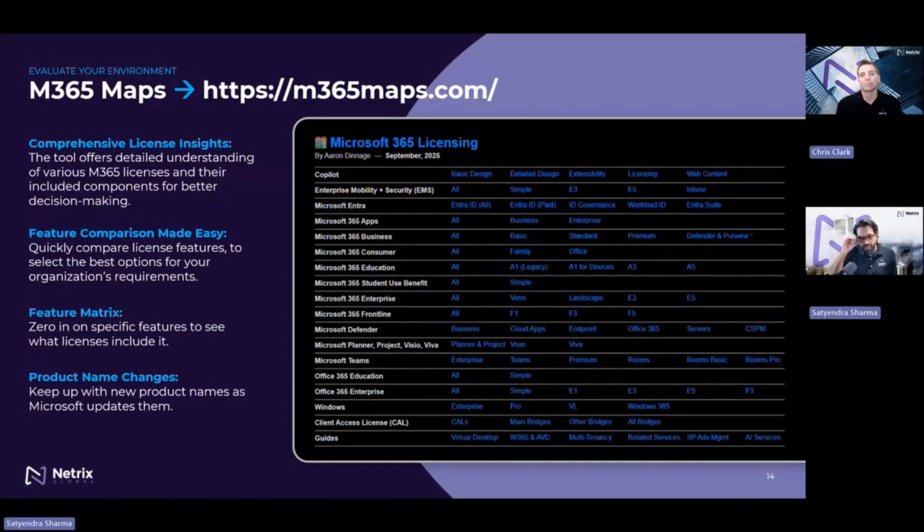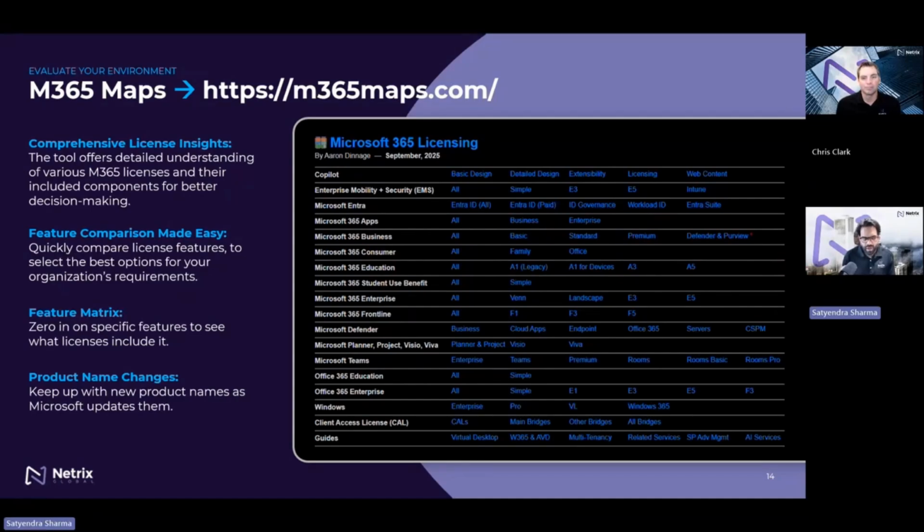So M365 Maps. If you all do not know about this already, this is going to become your new best friend. M365 Maps is developed by Aaron, who works over at Microsoft. Huge kudos to Aaron for putting this together. This is a lifesaver.